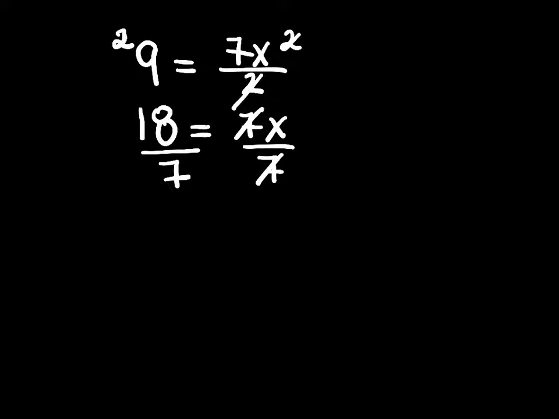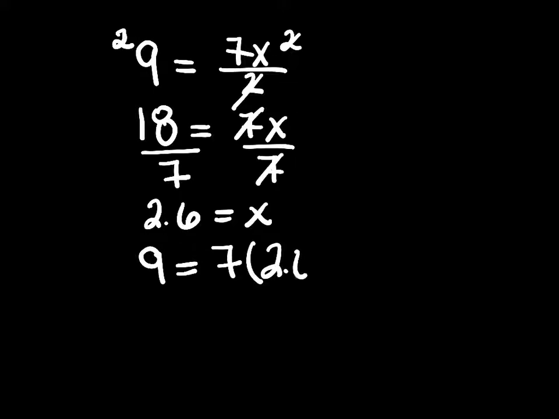So 18 divided by 7 is 2.6. We have 2.6 equals x. Again, if we put that back in and see if that gives us the correct answer, we have 9 equals 7 times 2.6 over 2.